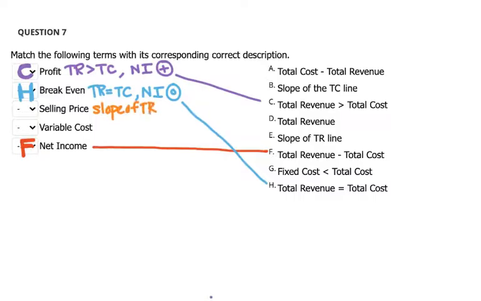Let's see if that's a choice. Here it is, that's choice E. And then variable cost is the slope of the total cost graph, which is choice B.